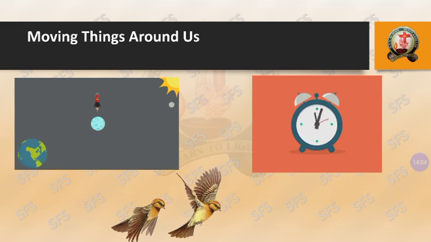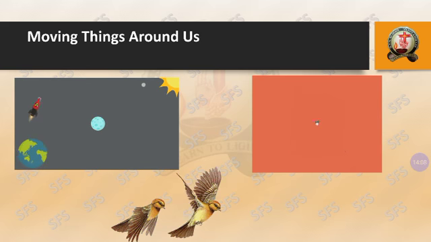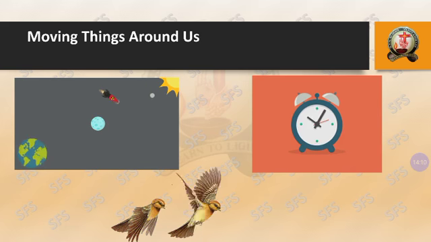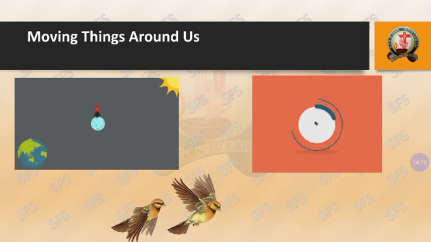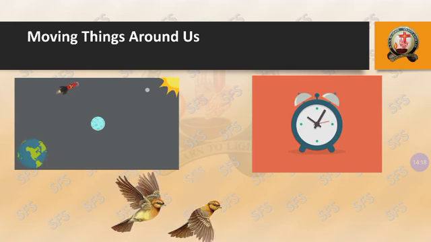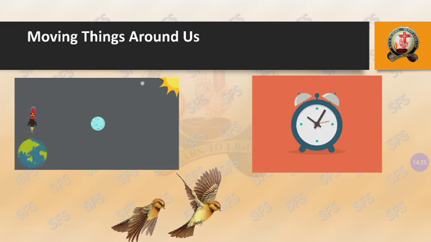The seconds needle always moves, and that's the reason why time advances, right? So we can say 1 minute, 2 minutes, 1 hour. The hour and minute needles move because the seconds needle in the clock always keeps on ticking. So this can also be considered a moving object.